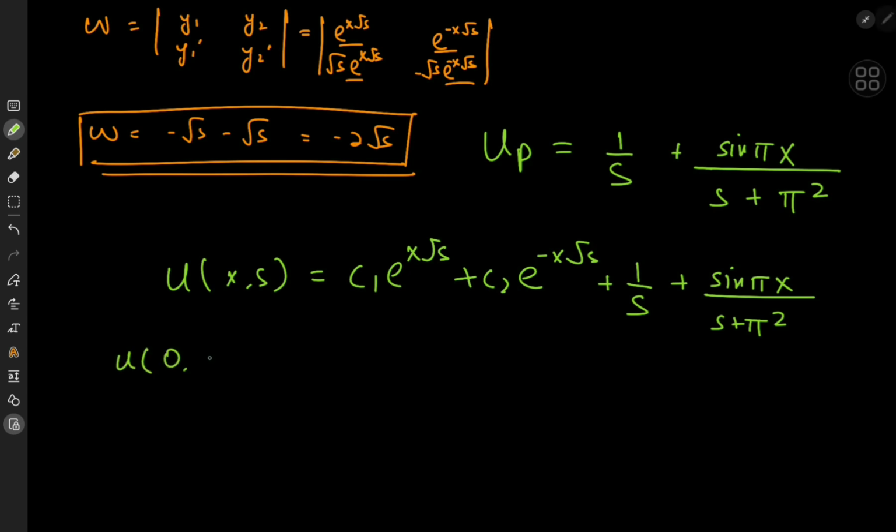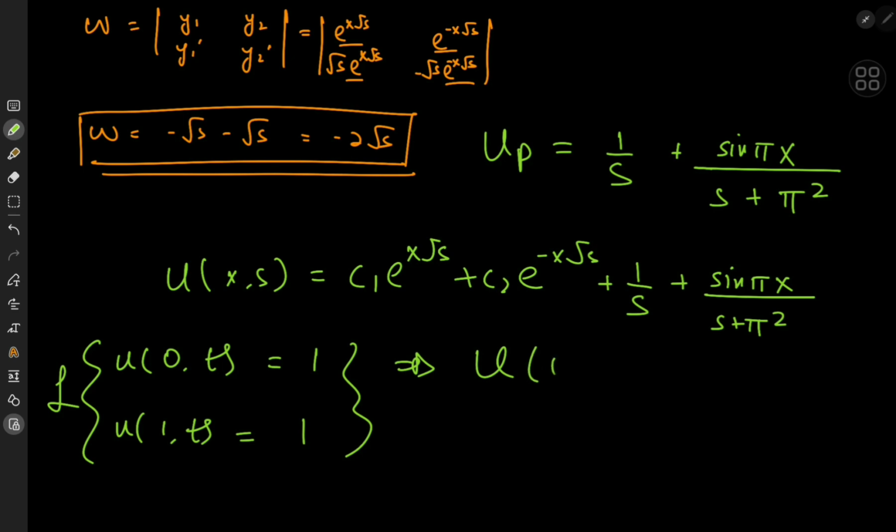Recall that u of 0, t and u of 1, t both equaled 1. That is, the ends of the rod are maintained at unit temperature. So Laplace transforming everything gives me uppercase U of 0, s equal to 1 by s, and uppercase U of 1, s equal to 1 by s as well, because the Laplace transform of 1 is just 1 by s.